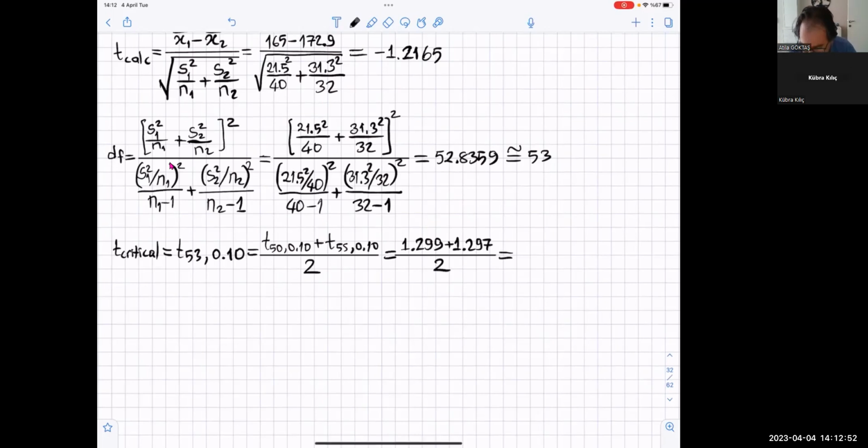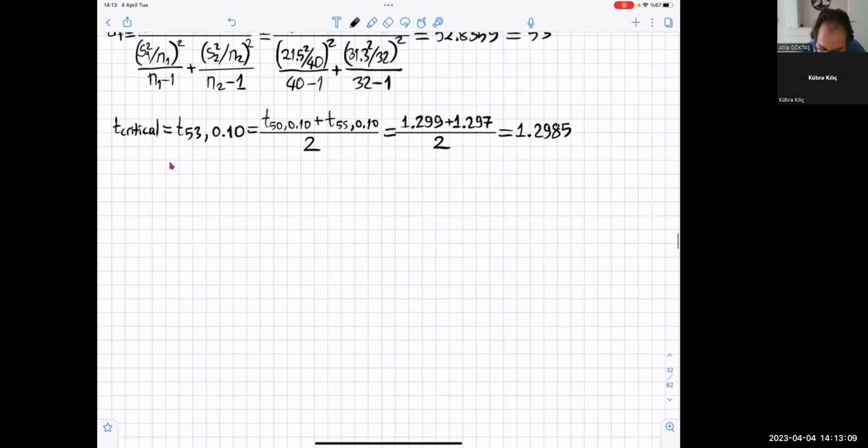The result would be 1.2985, approximately. This is the approximation for 53 degrees of freedom.